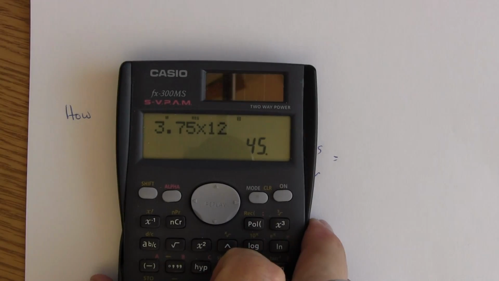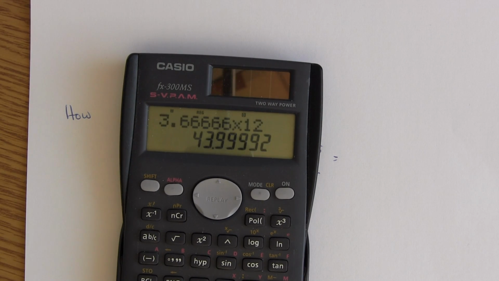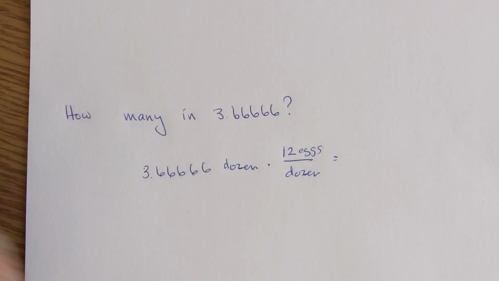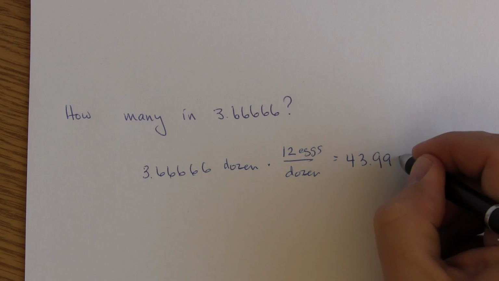We'll go ahead and get our calculator out here. 3.66666 times 12 gives me an answer of 43.9992.